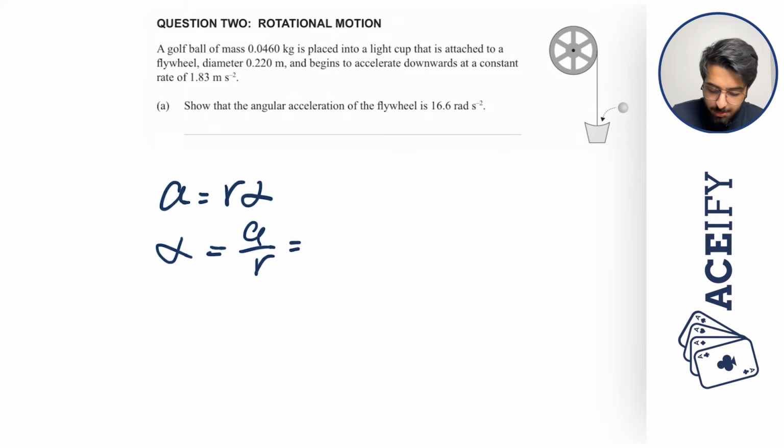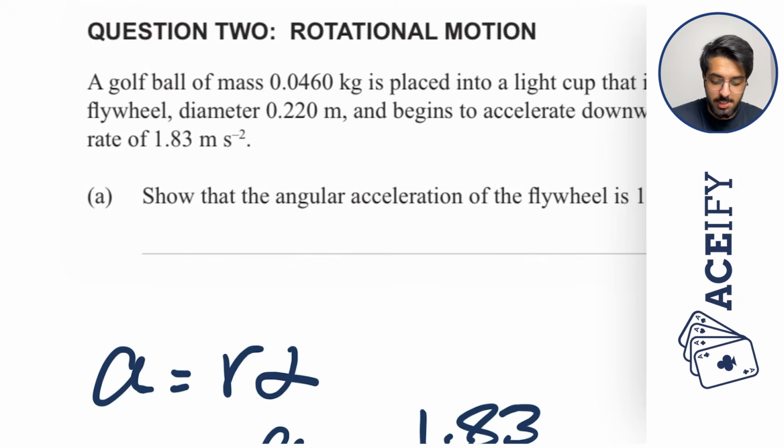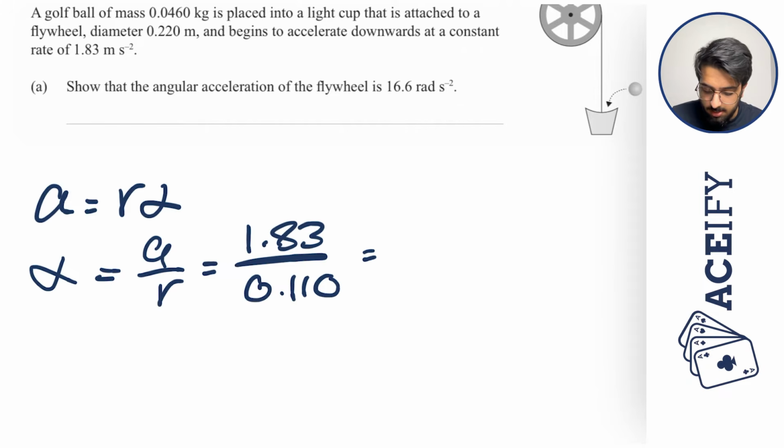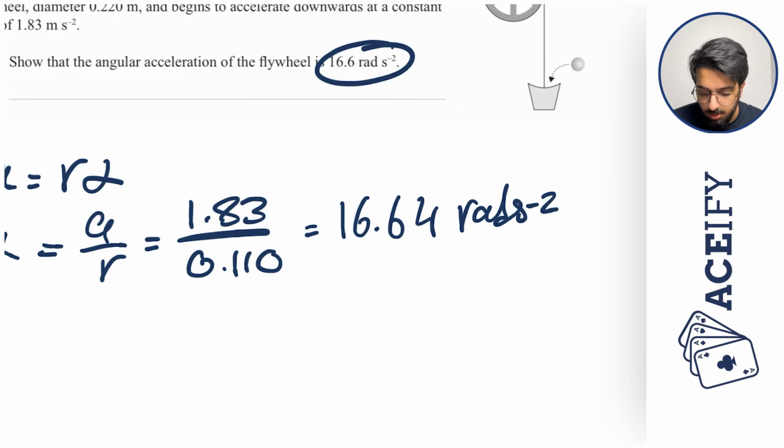Then subbing in our numbers, 1.83 all over our radius, which is not 0.220, it is 0.110, because that is the diameter, not the radius, so don't get that mixed up. And this gives us 16.64 radians per second squared, which is the value that we're trying to find.